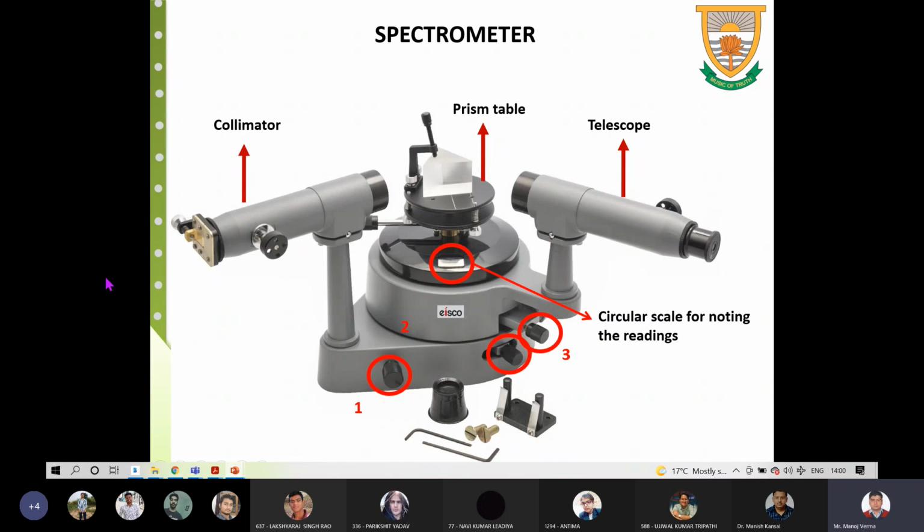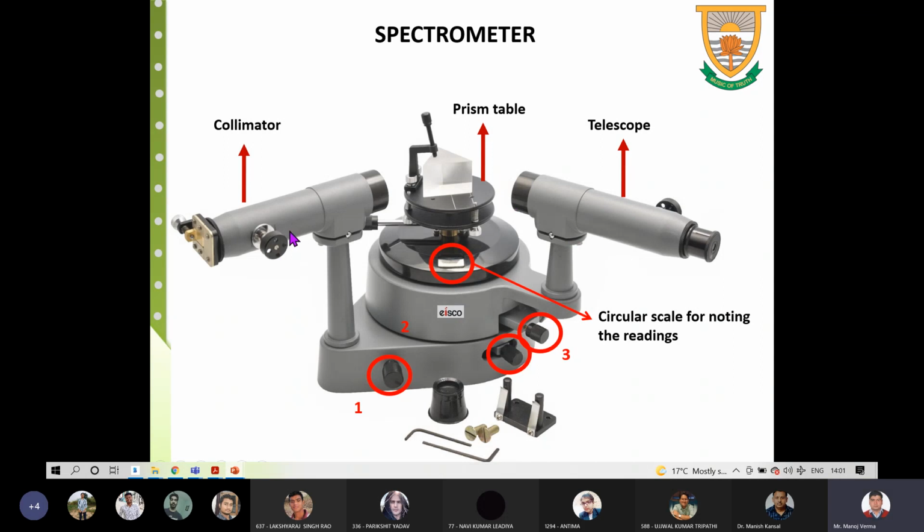Light will come from this end of the collimator, pass through the collimator, and fall upon the prism. After reflection or refraction, we will study this light ray, how it is bending, with the help of this telescope.